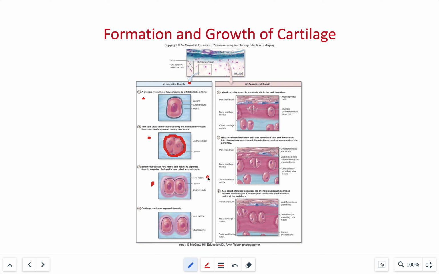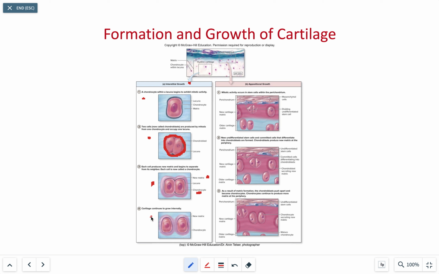These secretions of new matrix are coming once they have divided, and they return back to a chondrocyte. They are eventually going to reside in their own lacunae. In step number 3, each cell is now considered to be its own individual chondrocyte.